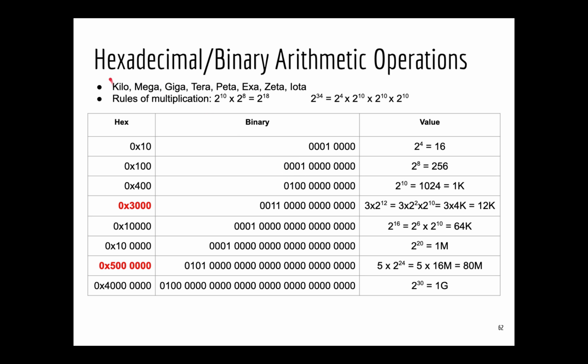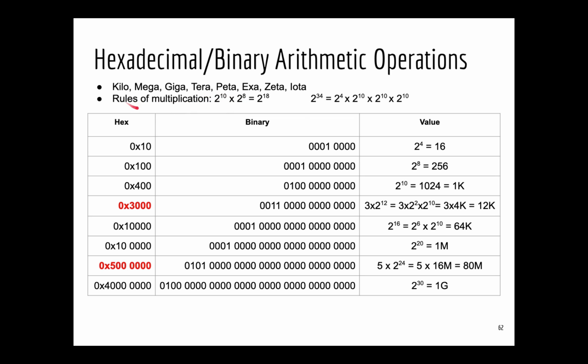Again, I assume you remember the important units: kilo, mega, giga, and so on. But I also assume that you remember how to do multiplication when you see numbers with exponents. So here I have 2 to the power of 10 multiplied by 2 to the power of 8.